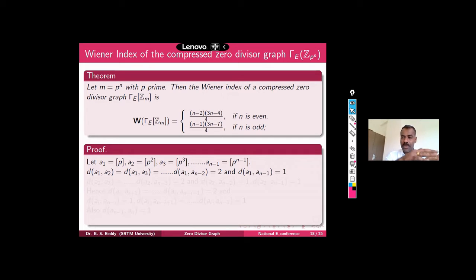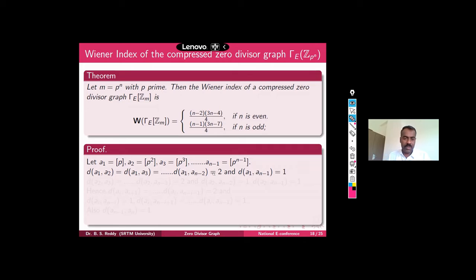If you take the distance from a1 to a2, or a1 to a3, up to a1 to an minus 2, because they are all multiples of p up to p power n minus 2, their product is not p power n. So it is not 0. That means they are not adjacent. So their distance has to be 2. Of course, they can travel easily through an minus 1.